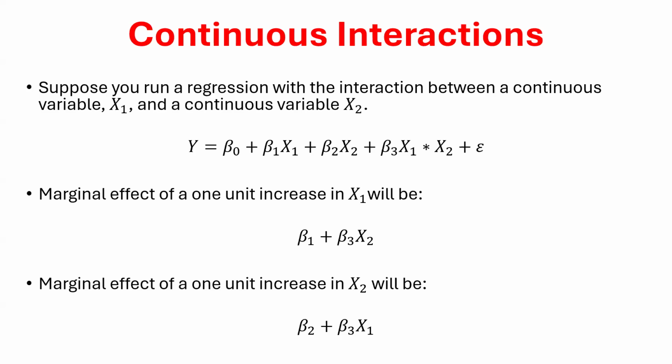And then if I wanted to know what's the marginal effect of this other continuous variable, x2, well, what am I left with there? The coefficient on the second continuous variable, and then plus the interaction term times the value of the other variable. So that's where those marginal effects come from. Just taking a derivative of that original equation.